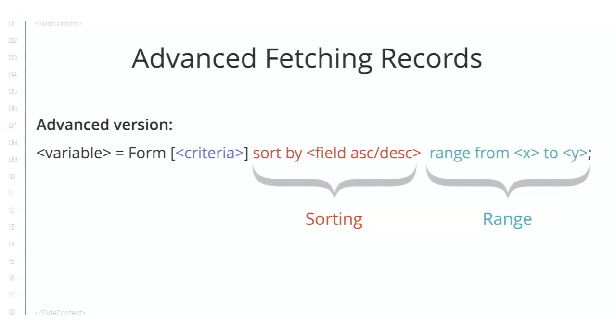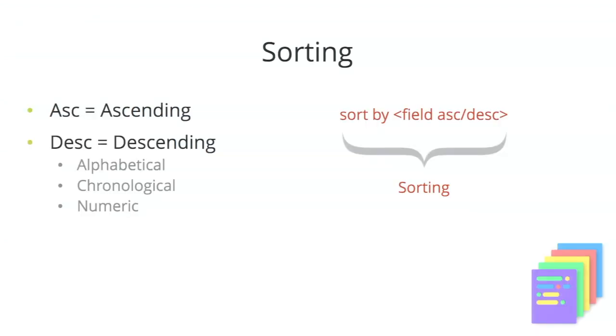At the end of your fetch records syntax, you could start by sorting it. So how does sorting work? It's pretty simple. You just say sort by, and then you choose a field, and then you choose ascending or descending. What ascending and descending mean can be different for different field types.